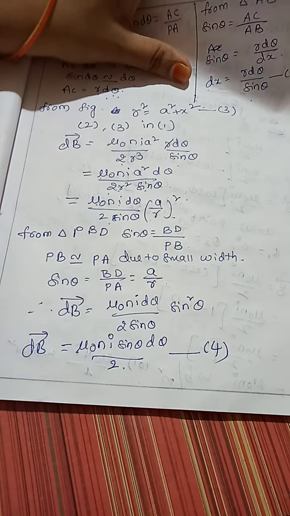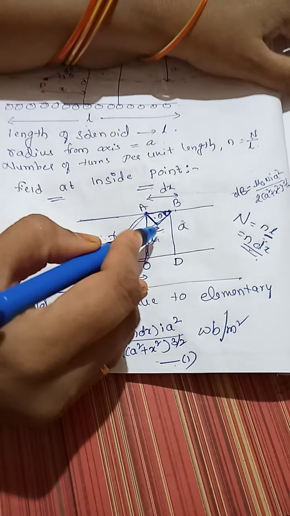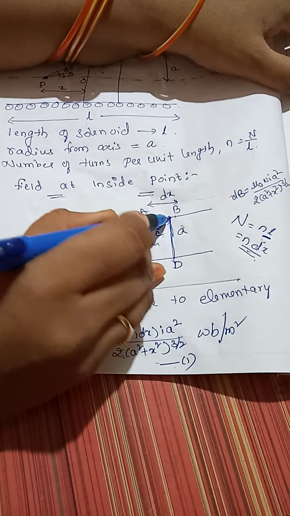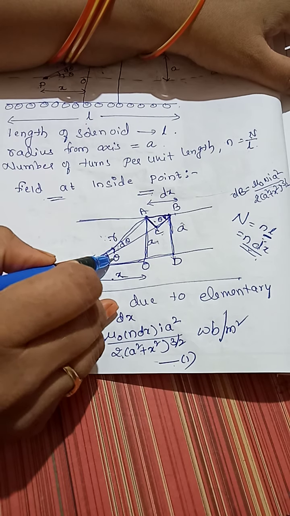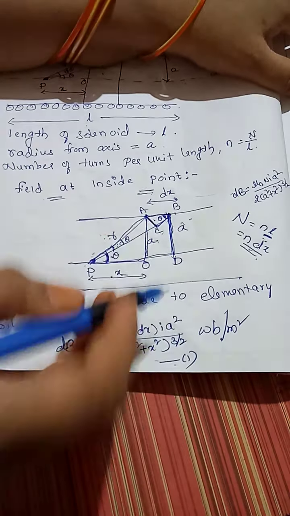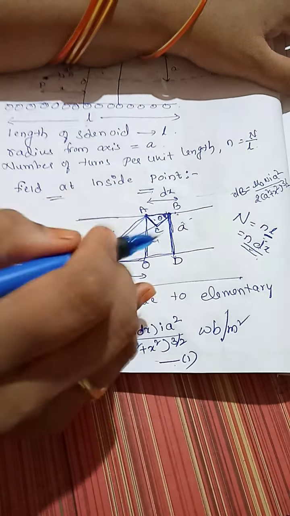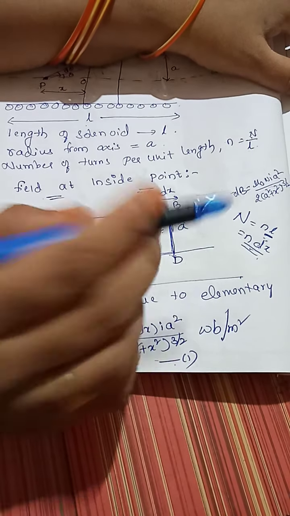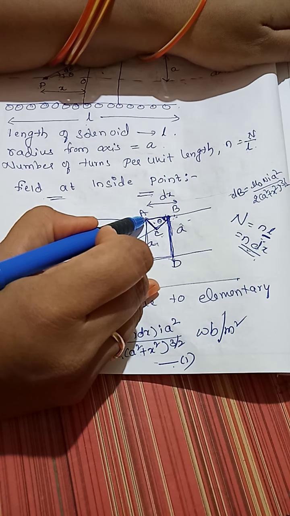Now again, if we go to the diagram, we are considering this triangle PBD. Here is the angle. Now sin theta becomes the opposite side BD, that is A, over the hypotenuse PB. Here AB is of very small width, so we can approximate PB as equal to PA.